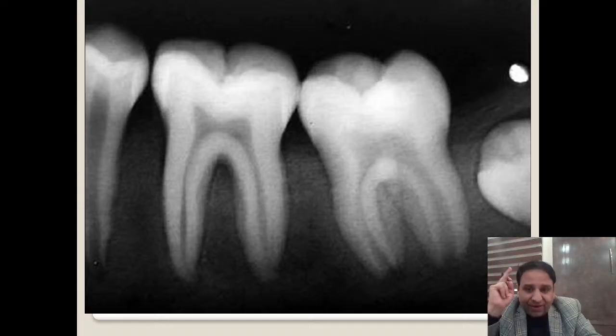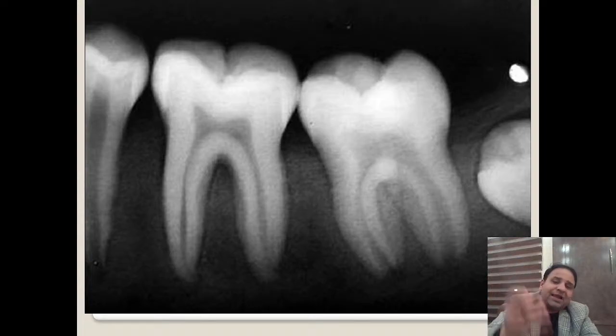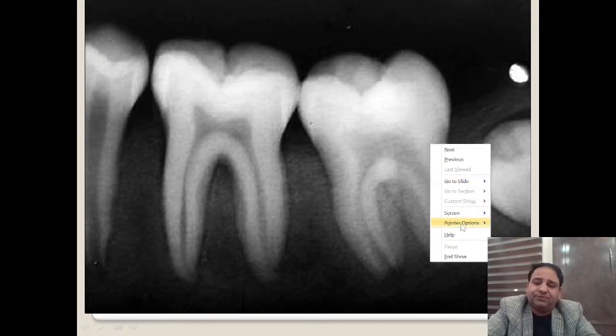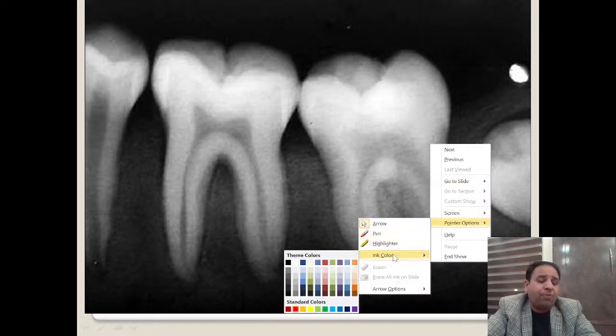So quickly I am revising these images with you, pertaining to the questions that have come in previous years, that question bank which has been given to you, so that you can revise things correlating with the images by themselves, right? So students, tell me, when you see this IOPA or this radiograph, what is coming to your mind?